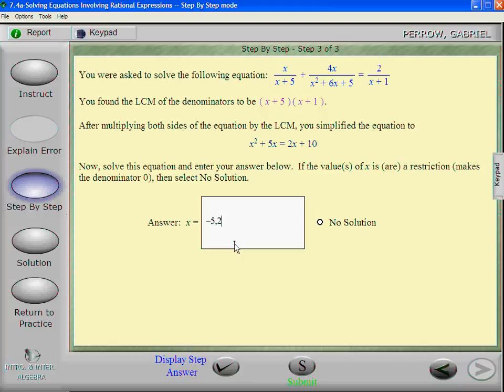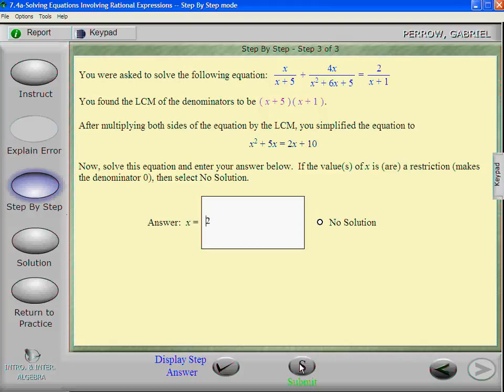But look back at the restrictions. Negative 5 and negative 1 were originally our restrictions based on what we had done in part 1 of this problem. So you'd want to have that written down next to you to compare it to these answers, and you'd say, oh, minus 5 was a restriction, it can't be a solution.